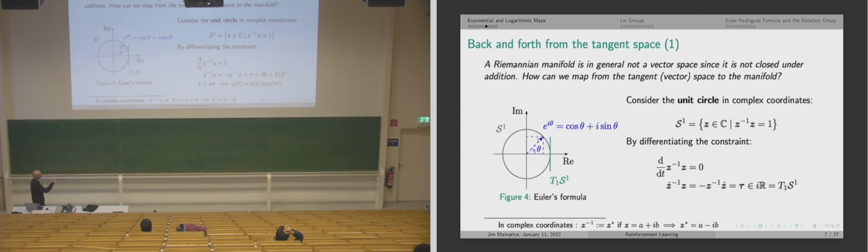So if we rearrange that equation, we get that equation, which is an ODE. We saw that two lectures ago. And we can solve that first order ODE, and we get that z of t is equal to z0 times the exponential of tau times t. Okay?